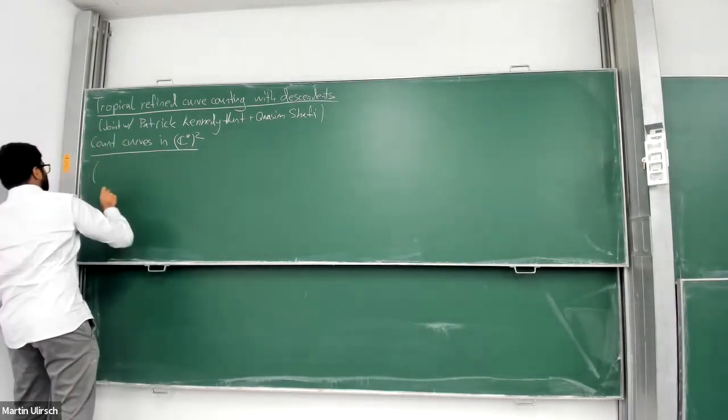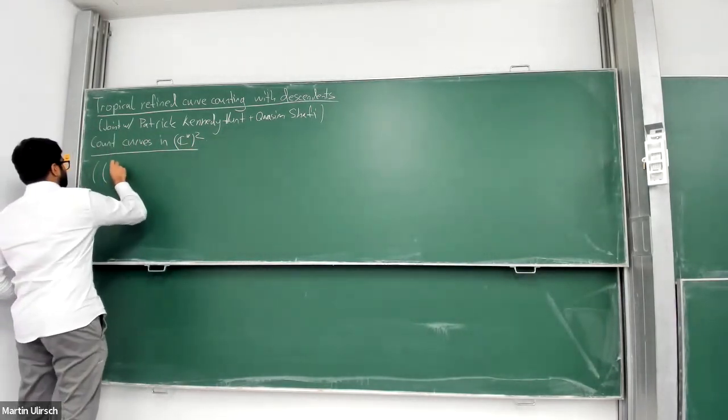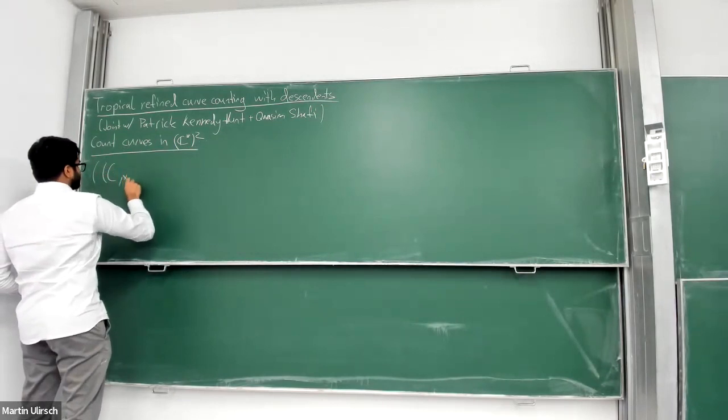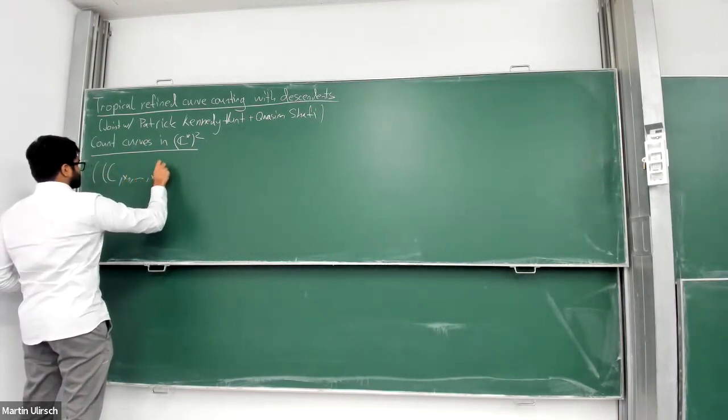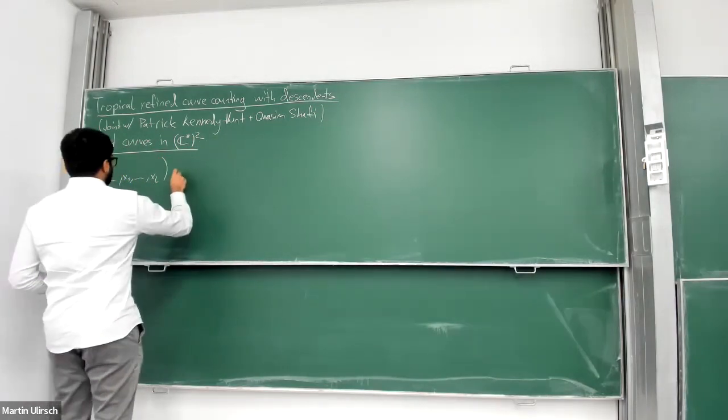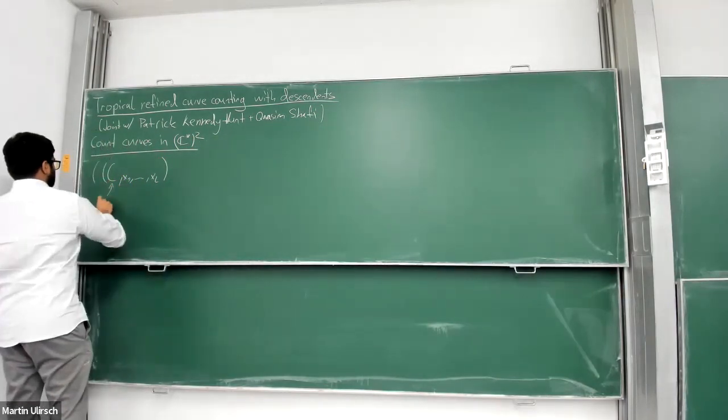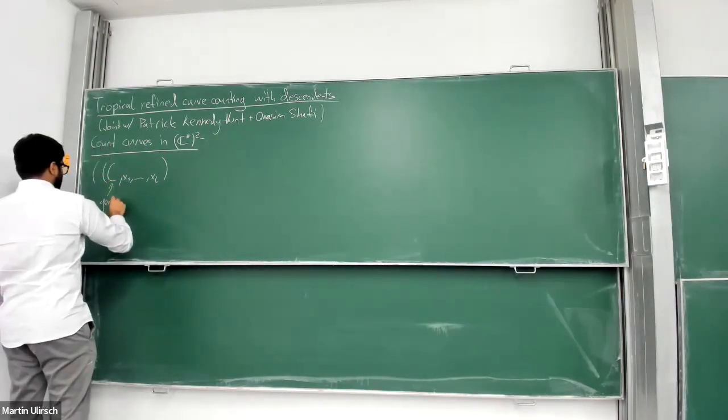So it's going to be a smooth projective marked curve, like this. So let's say genus G, smooth projective marked curve.